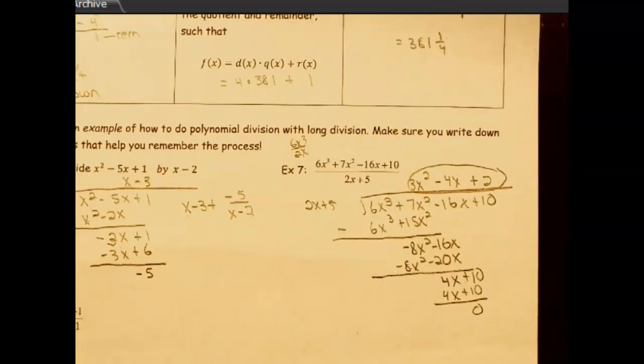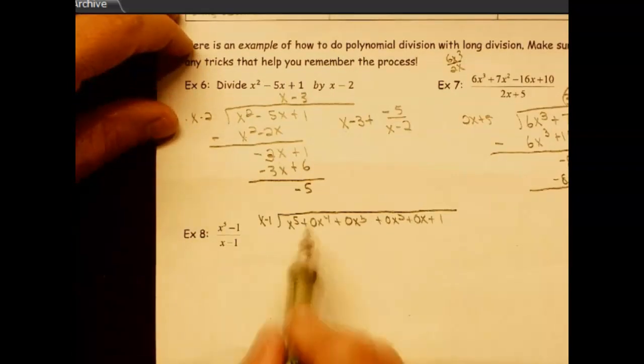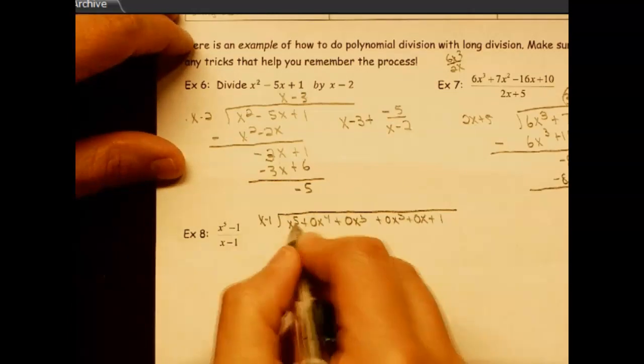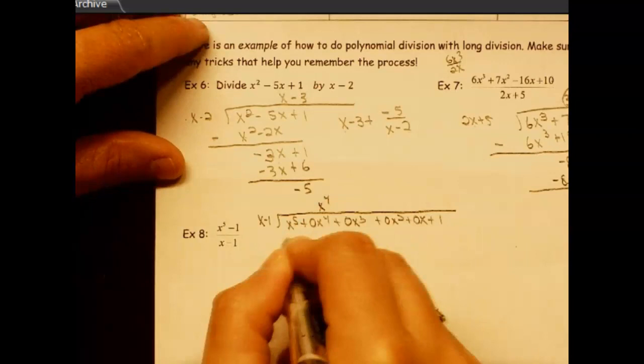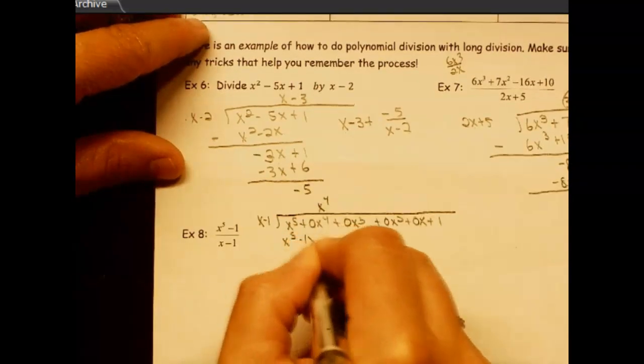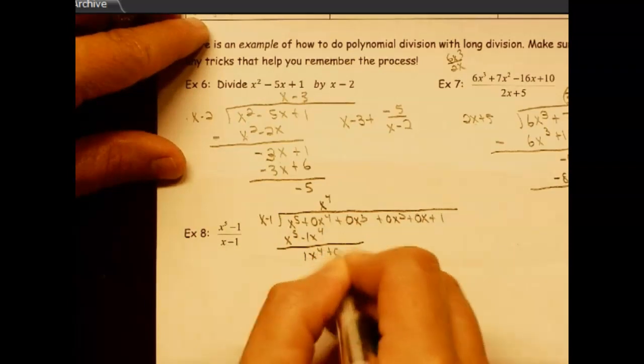Okay, we've got one more, and I just have a little over a minute. So I'm going to pause it and set it up. Okay, here's my setup, and notice I had several zeros that I had to fill in. So we're going to start: we divide, x to the 4th, we multiply. Subtract, and bring down.